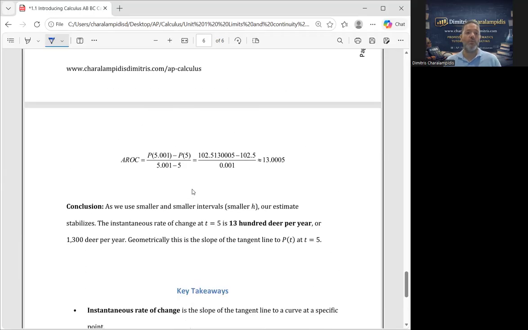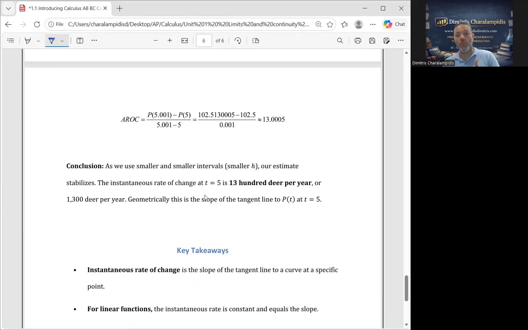Now, I want you to notice how everything we've learned comes together. In the first video of 1.1, we started with an average rate of change and made the interval smaller and smaller. Then, in video 2, we saw that geometrically that meant that the second line approaches the tangent line.